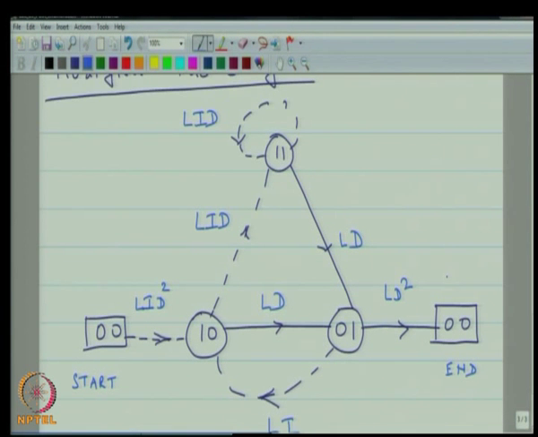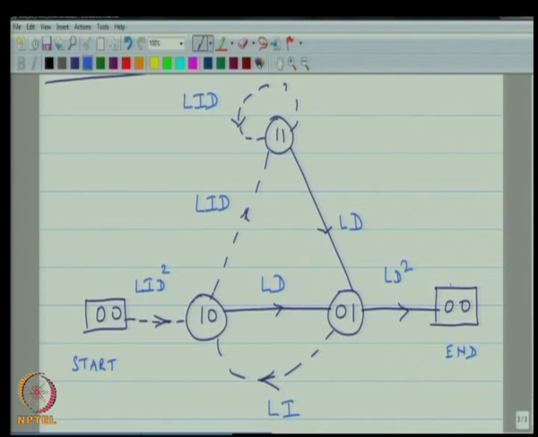Okay, so this is our modified state diagram, and you can actually now do some enumeration.